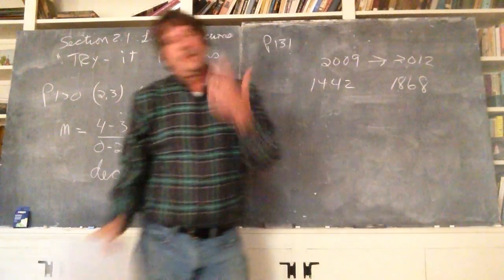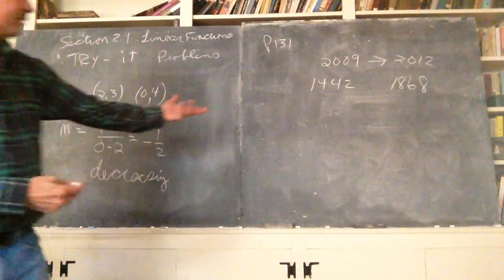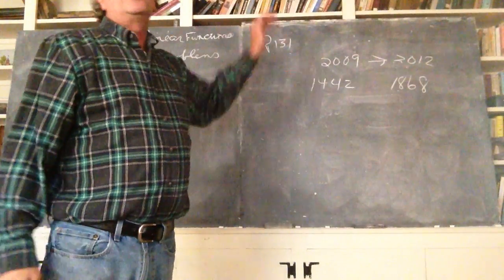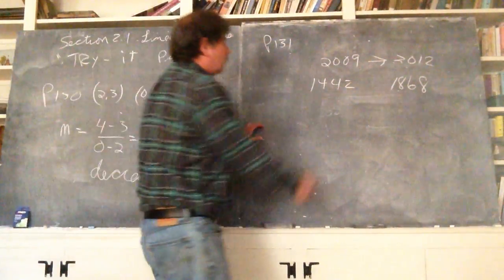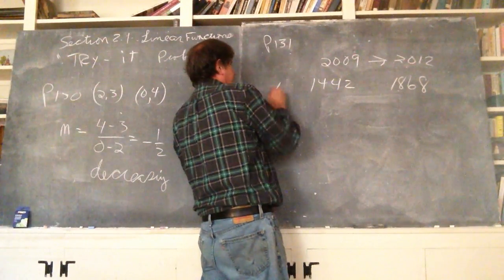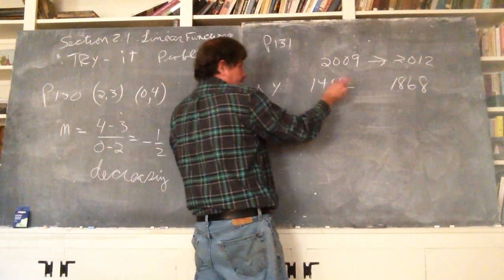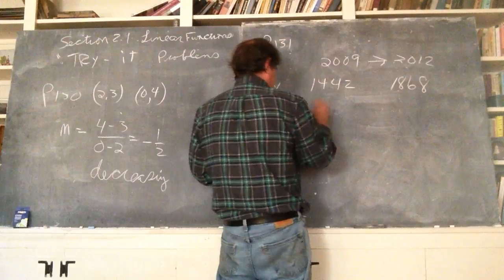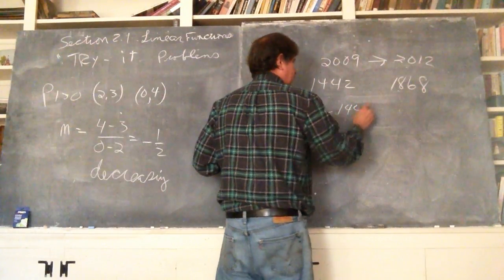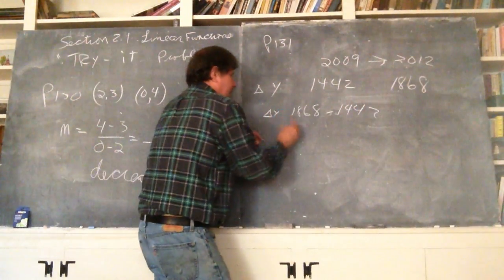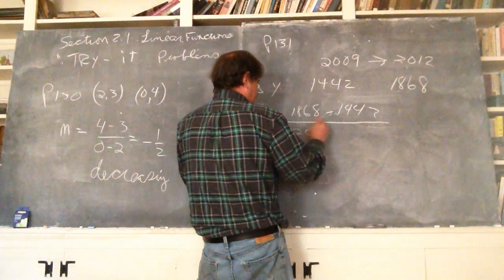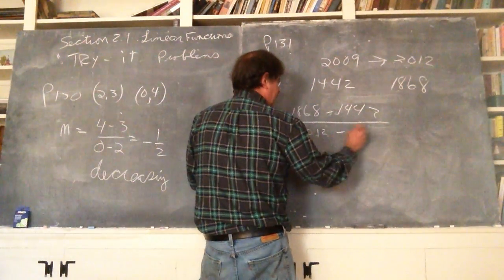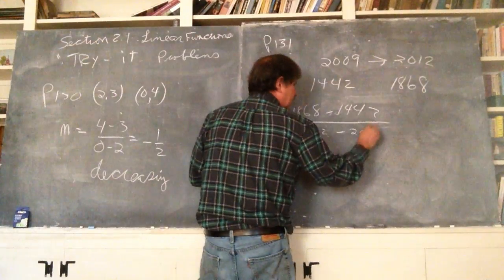Now you have to make an assumption, which is never true, but we're using it as a model, and we're saying it increased steadily. Every year the increase is the same. That makes it a linear function. So this is the y's. The change in y would be 1868 minus 1442, divided by the change in x, which is 3 years, 2012 minus 2009.